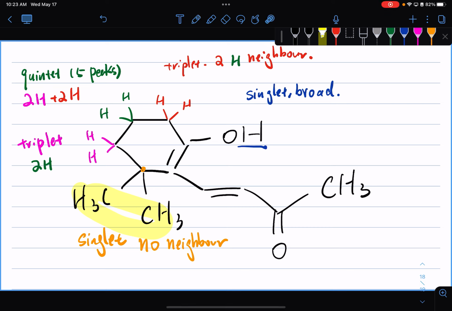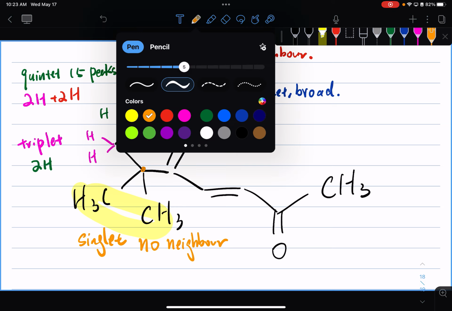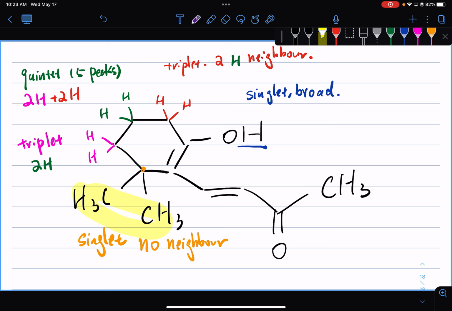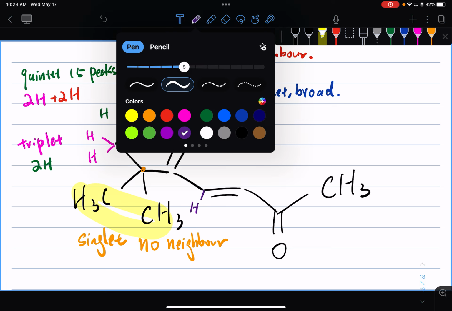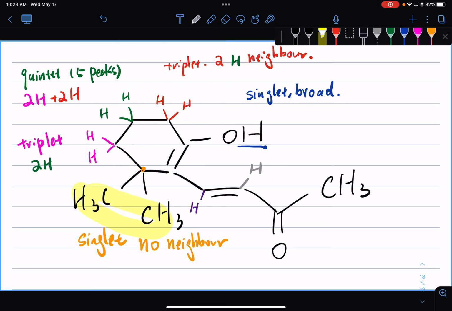And then we move on to these 2 hydrogens on the alkene. And I think I'm running out of color, so let me choose something else. Let's say a purple one and maybe a gray one. So for the purple one, it has only one neighbor that's on this carbon, which is the gray hydrogen. So this one will be a doublet.